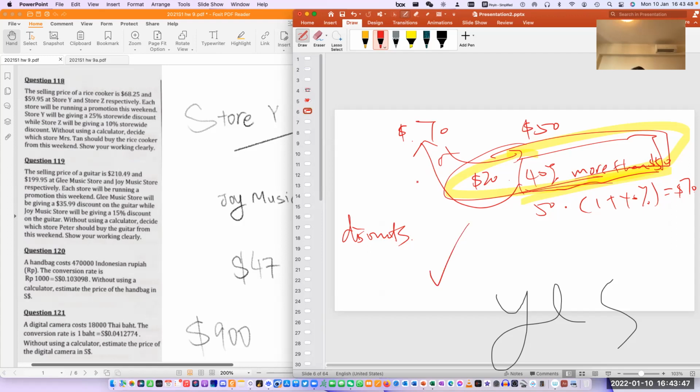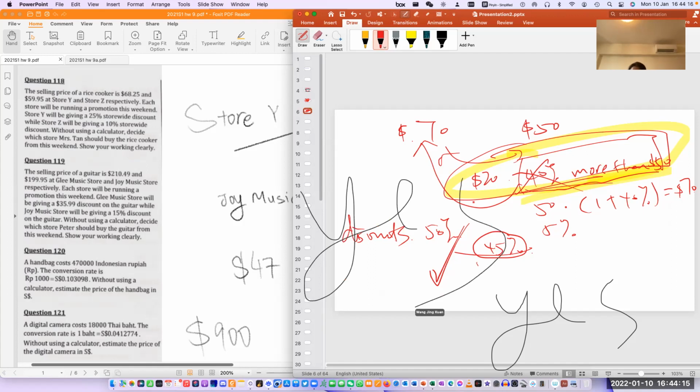For example, over here is 50% and over here is 5%. The difference is 45%, which will more than offset this 40%, so store Y offers a cheaper option. Are you clear?